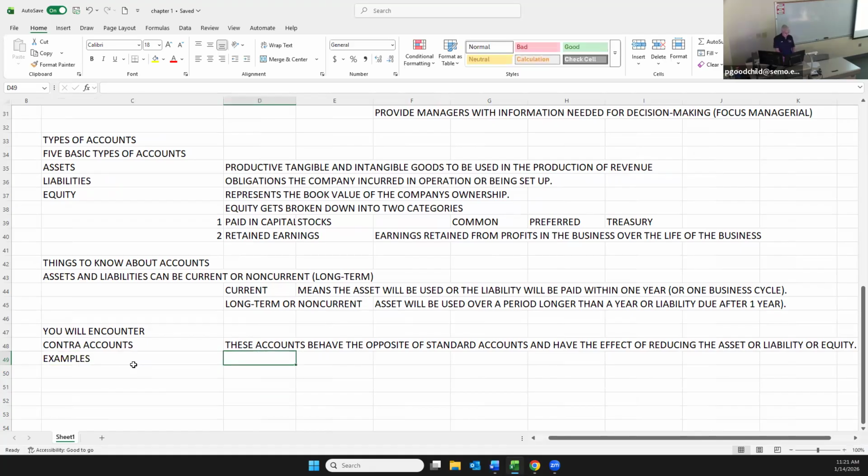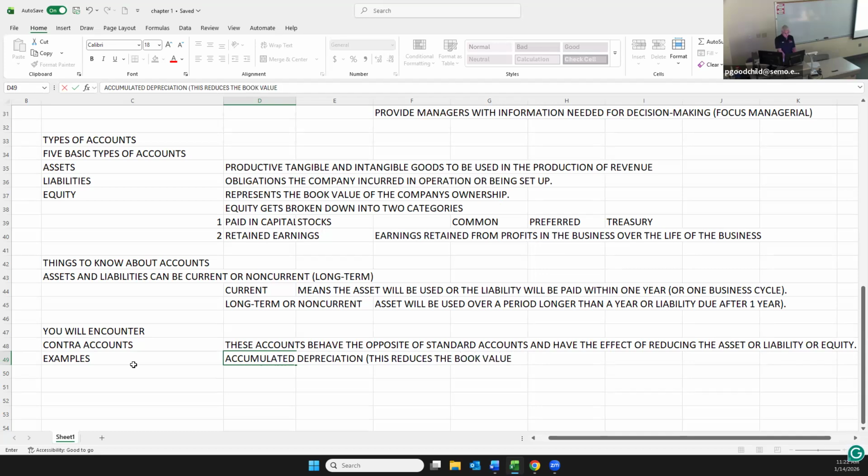Couple examples that you're going to see is accumulated depreciation. This reduces the book value of the asset.